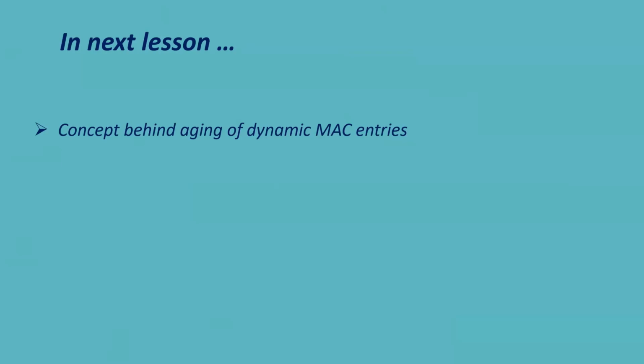Remember, in the earlier lessons we discussed that anytime an entry goes into the MAC table, it has an associated timer with it, which is 300 seconds, and then gradually as it sits in the MAC table, the timer reduces with every second that passes. So we will understand why we need the entries to age, and if they did not age, then what would be the result of it.